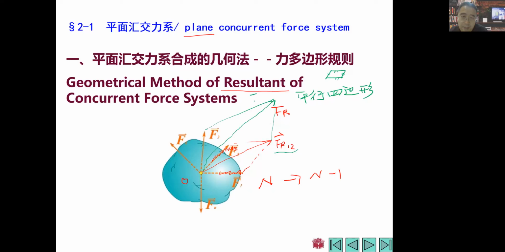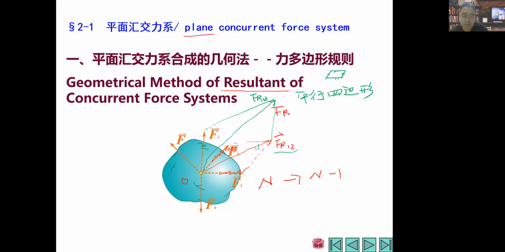We call that FR123, maybe 1, 2, 3. This time, this green one is the resultant force of FR12 and F3. It also has the same effect as the total effect of this one and this one.